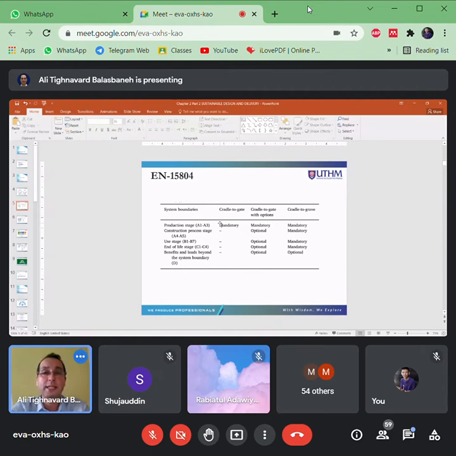Okay, then the construction process stage on the site. Transport of the material to the site is A4 and the construction process is A5.